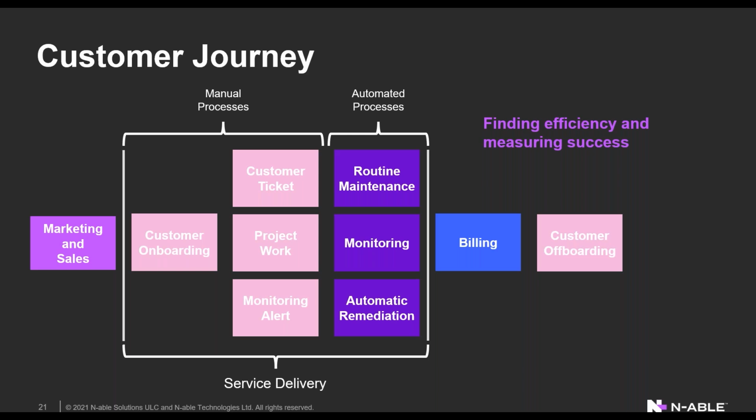It's now up to you as technicians and management to deliver on this dream. So the service delivery is our manual processes of onboarding, tickets, project work, and monitoring alerts, and our automation processes such as routine maintenance, monitoring, and automatic remediation. Okay, the meat of what we're offering there.